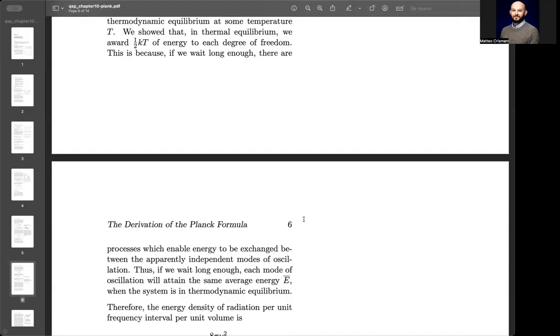So, for example, let's go back to our diatomic molecule, and you have one mode which is, say, rotating, spinning around an axis, versus oscillating back and forth along that same axis, like an accordion.